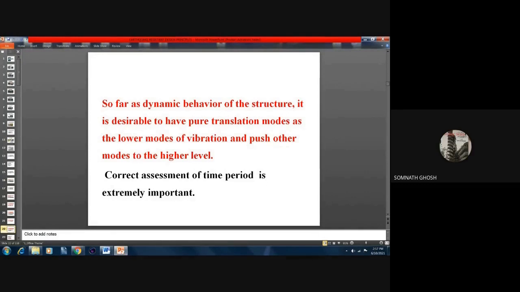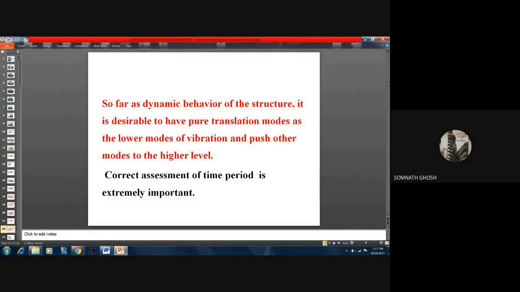The more you deal with the dynamics of structure, the more you will be able to appreciate this. That which one is pushing which mode and why that is required. Okay. So dynamics is not much mathematics. But if you can play with it, you will be able to come up with many, many things. And that will ultimately help you in analyzing the structure or designing the structure.